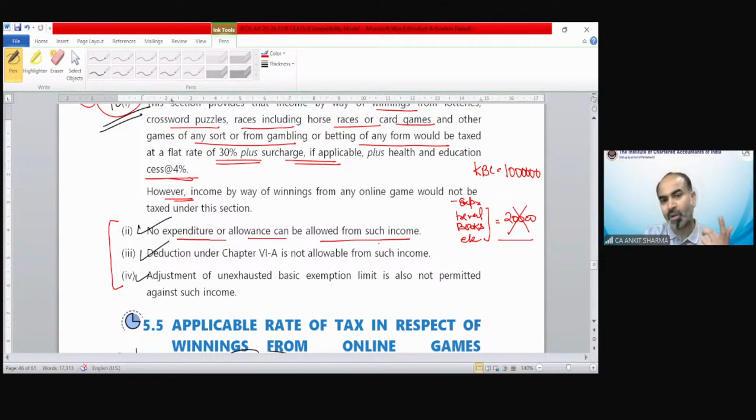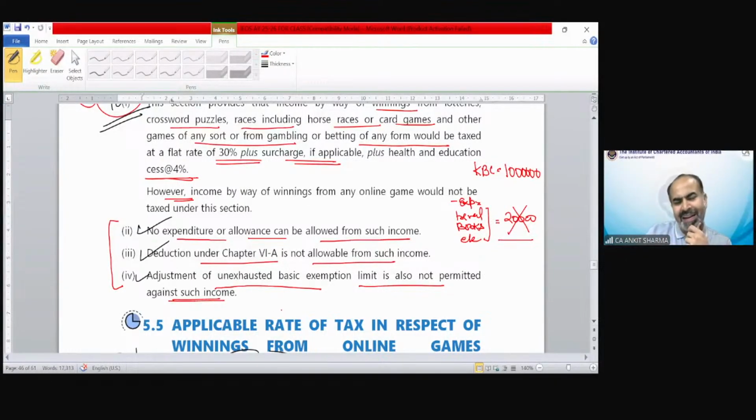Even you cannot claim any deduction from it. We have seen in the diagram that the deduction would be reduced from other income only, 80C to 80U. Basic exemption limit, if remaining, even it cannot be used against casual income. We have already seen this because this is going to be taxed at a fixed rate.